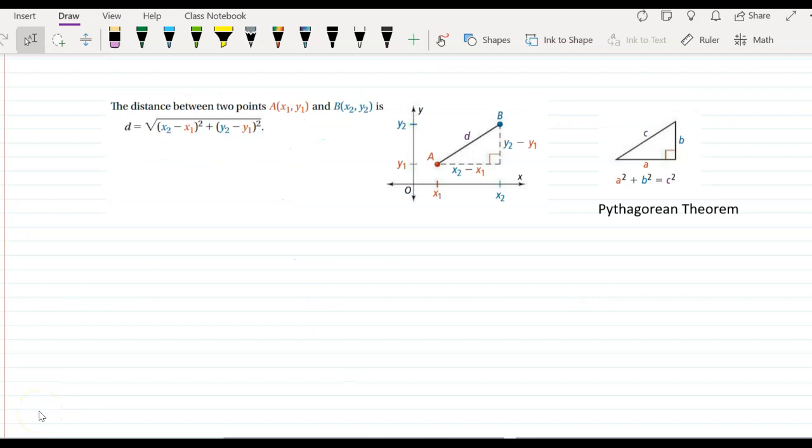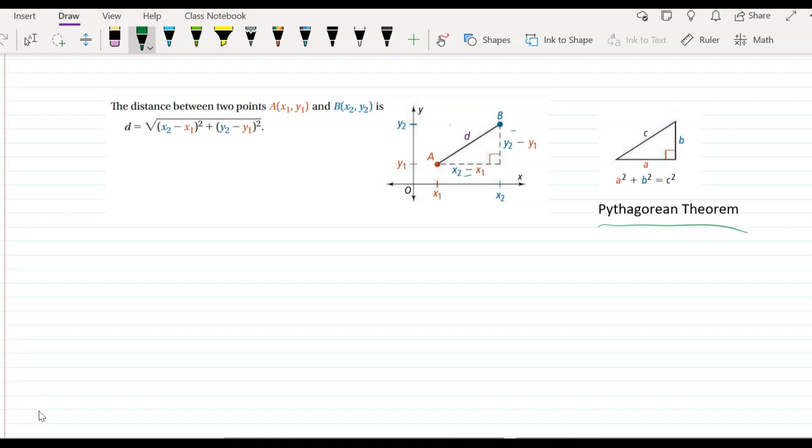So the next thing we're going to use is the distance formula. And the distance formula should look pretty familiar. It's just in a different format. We get the distance formula from the Pythagorean theorem, a squared plus b squared equals c squared.